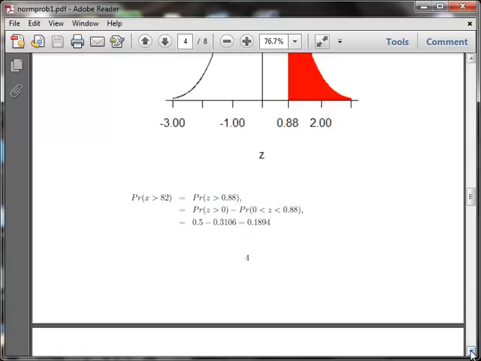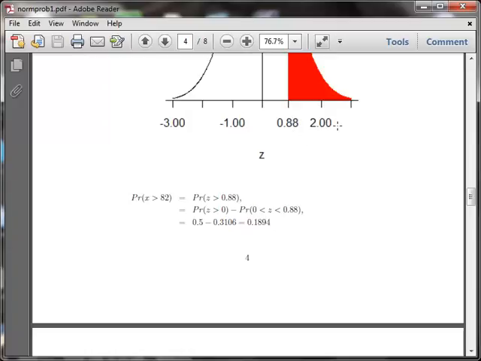Now when we look up values in our table, it starts at 0 and moves to the right. So when you look up 0.88, you're getting the value from 0 to positive 0.88. Well, that's not what I want. I want the area on the right-hand side.